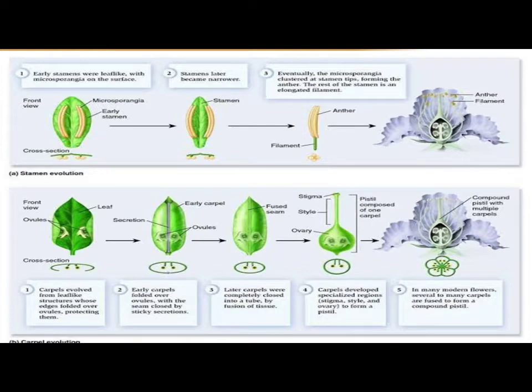In the same way, in the present concept video, I am going to tell you how the microsporophyll evolved to become stamen and anther in angiosperms, and how megasporophyll holding the ovules became carpel in angiosperms. This is a nice picture and good depiction.